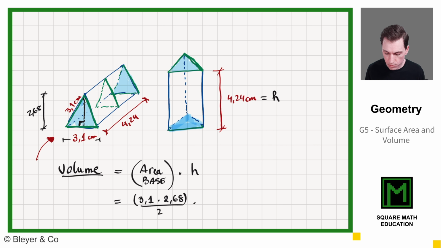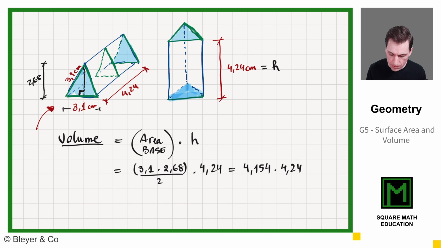And that answer we are going to multiply by 4.24. Just take your calculator: 4.154 times 4.24, and this is 17.61296.